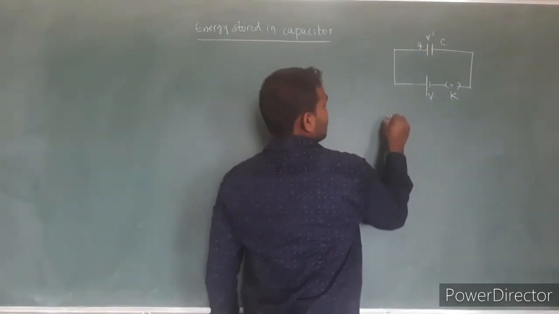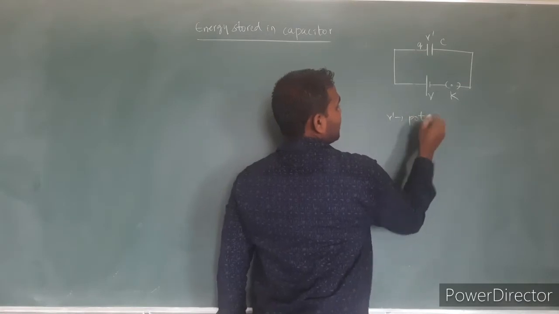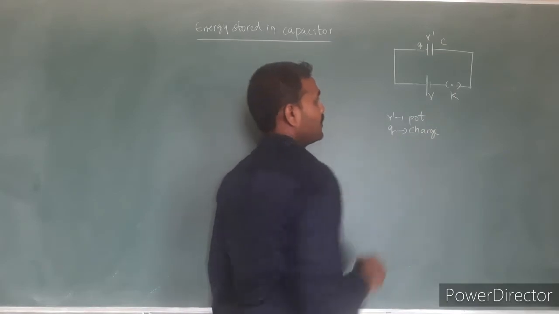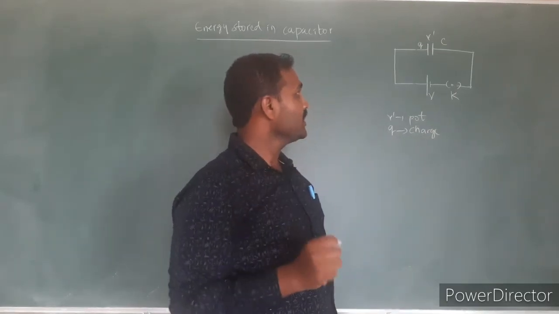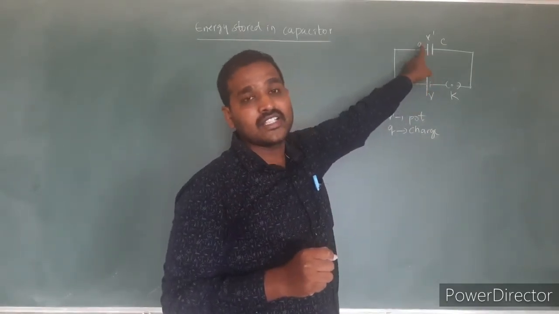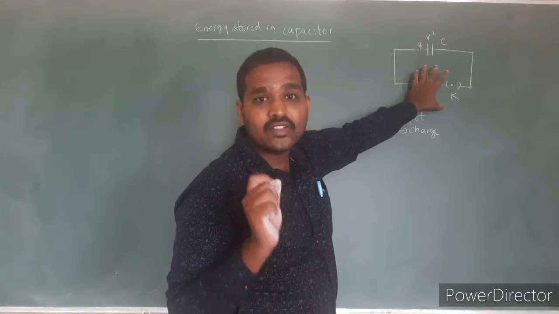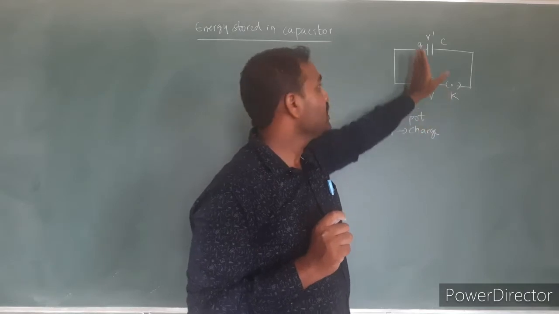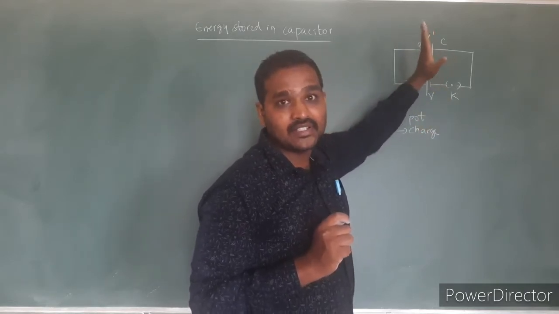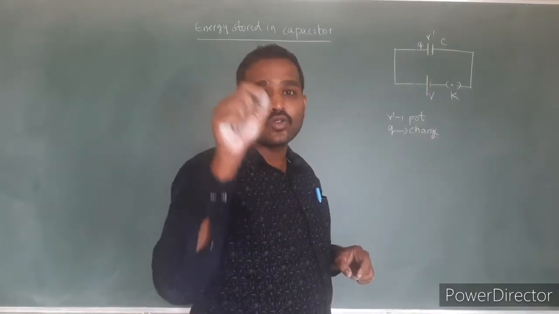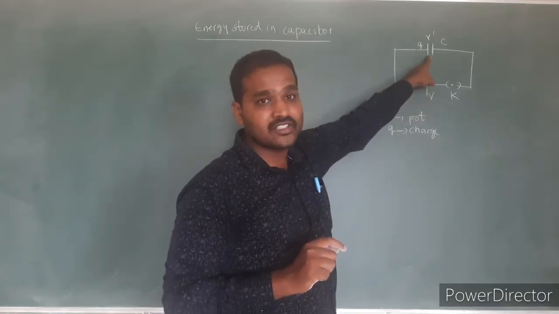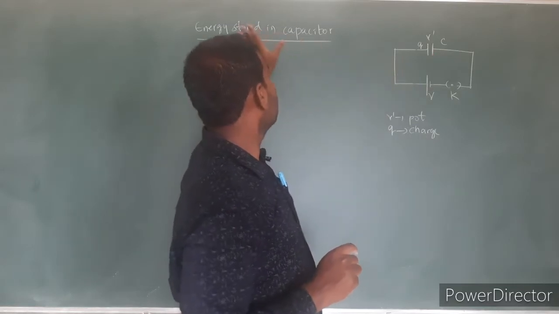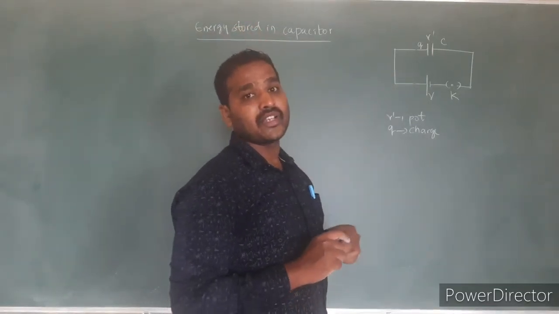In storing the charge in the capacitor, the battery is doing some work. Whatever work is done by the battery to store the charges in the capacitor gets stored in the form of potential energy of the capacitor. So that energy magnitude we are deriving.